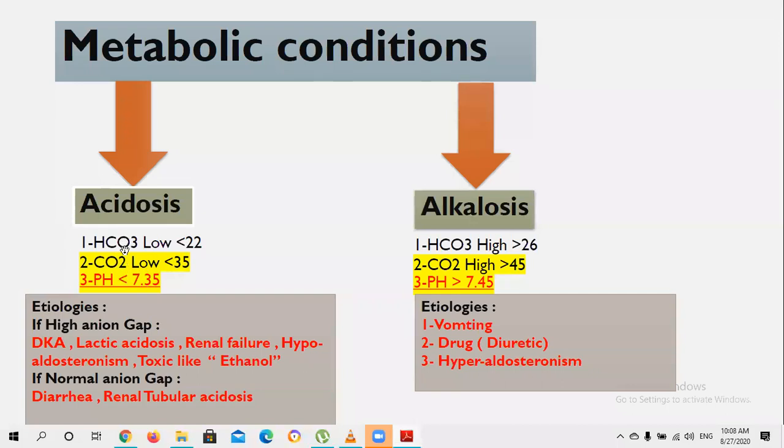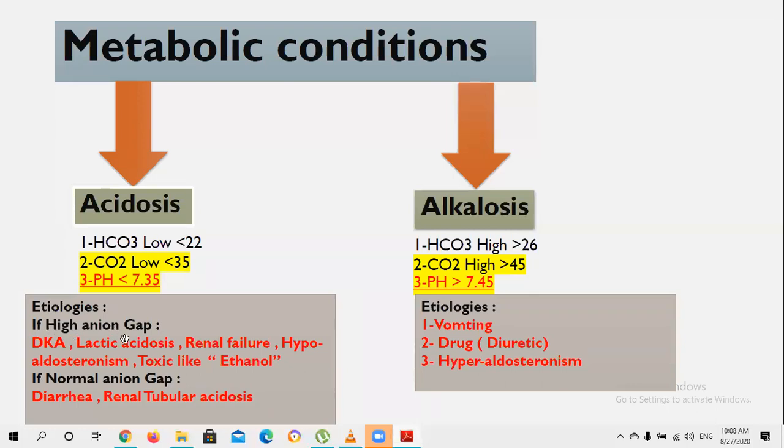In case of respiratory, we said you're going to look at the pH and then go to bicarbonate. But here, you're going to look next at the carbon dioxide. So pH is low, you look at the carbon dioxide and you find it's low, you're going to say it's metabolic acidosis. Etiology of metabolic acidosis depends on the anion gap. We will know how to calculate it later on.